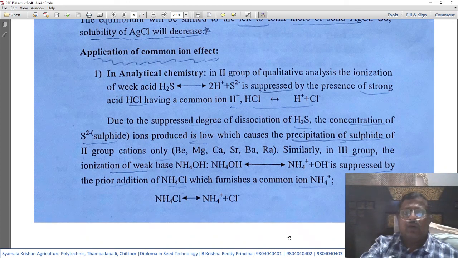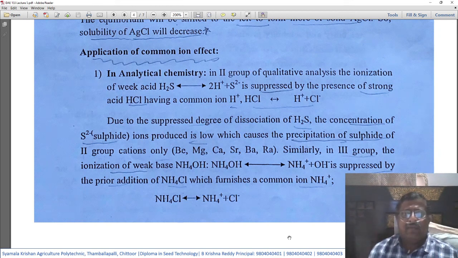So in group 2 qualitative analysis, the ionization of a weak acid like H2S will get suppressed in the presence of strong acids like HCl. Why? Because here H2S has got an H+ ion and HCl also has got an H+ ion, which are common, and therefore this reaction will get suppressed.